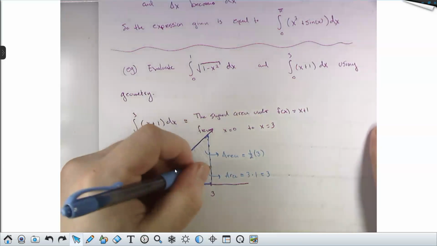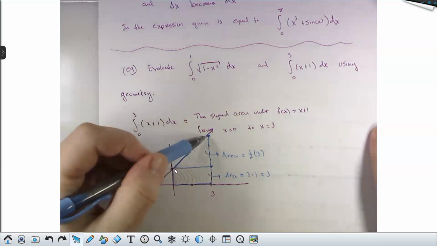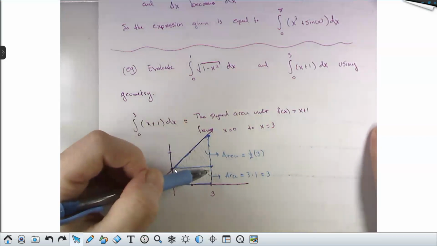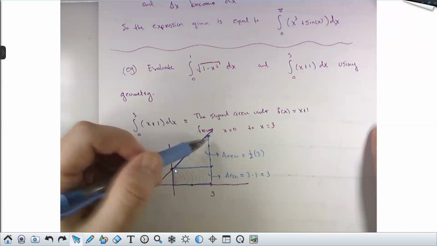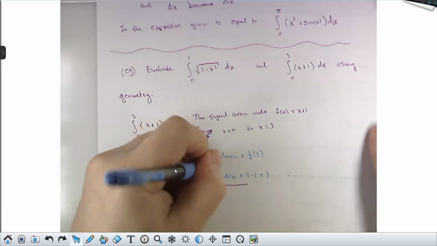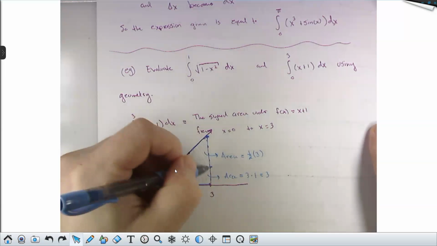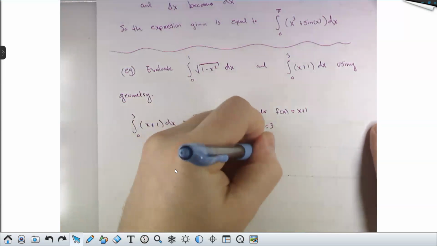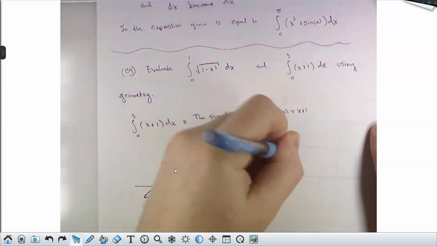Well, we're going from here up to here. So I need to know what's the y value here and what's the y value here. The y value here is 1. What is the y value all the way up here? Along the graph y equals x plus 1 at x equals 3. 4. 4, good. So the height of this is 4 minus 1, which is 3. So this would be 9/2.